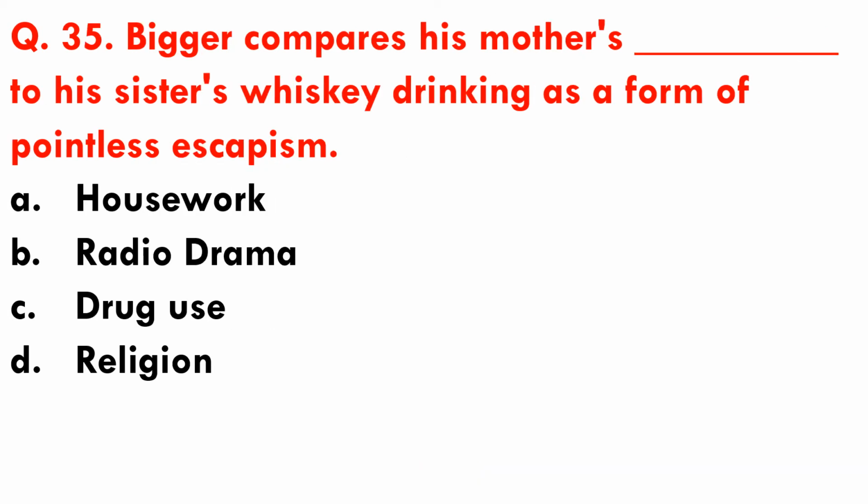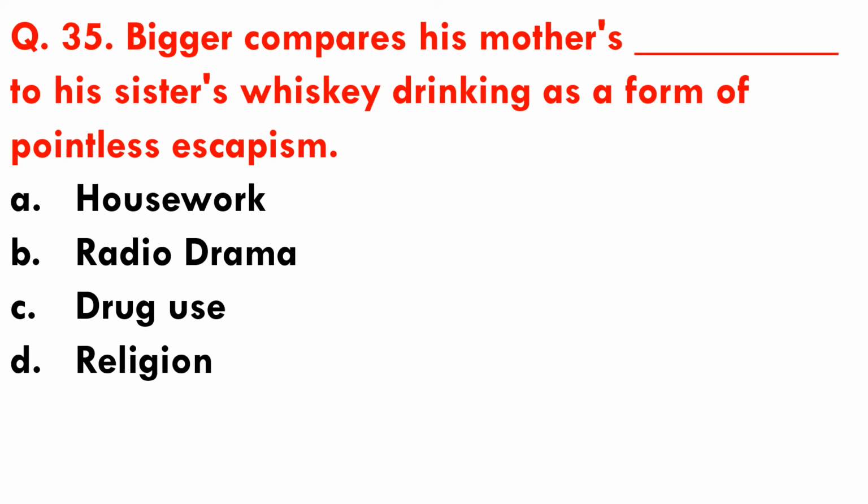Question number 35. Bigger compares his mother's dash to his sister's whiskey drinking as a form of pointless escapism. Options are A, housework, B, radio drama, C, drug use, and D, religion. So here Bigger's mother as well as Bigger's sister, both of them are shown as escapists in the story.